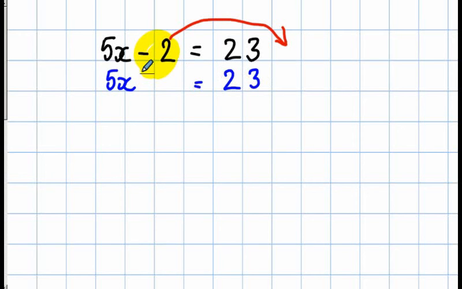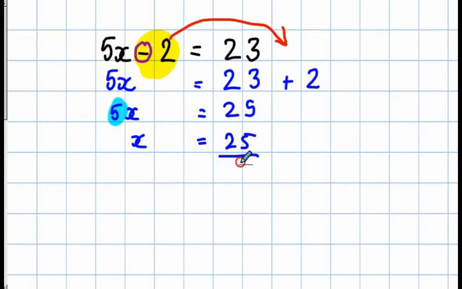But this is the only instance where you add. And the reason you add is because that thing you moved, the 2, had a minus in front of it. Then we work out what 23 plus 2 is, which is 25. And then we divide by the number that was in front of x. In this instance, it was a 5. So you get 25 over 5, or 5.